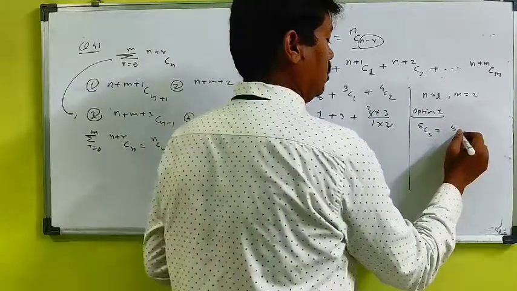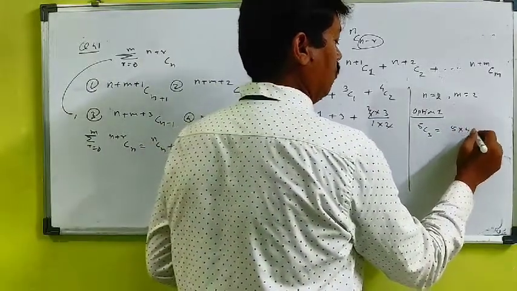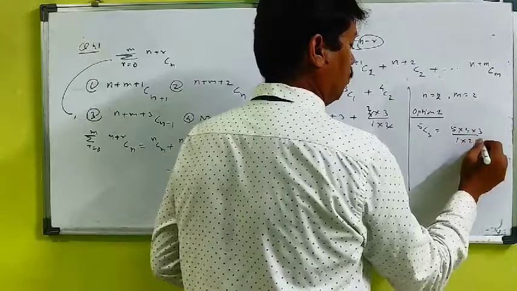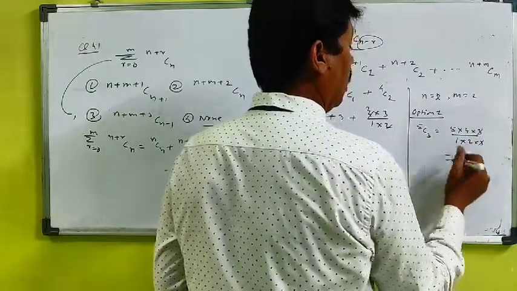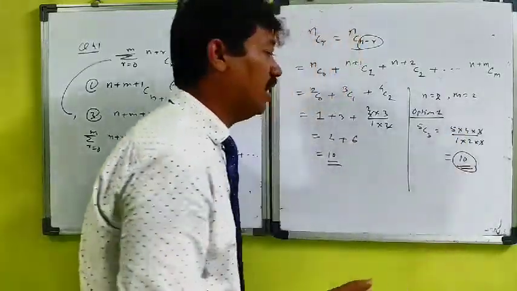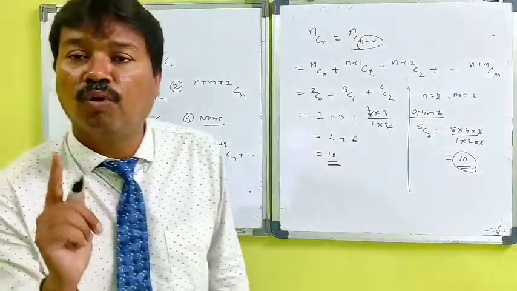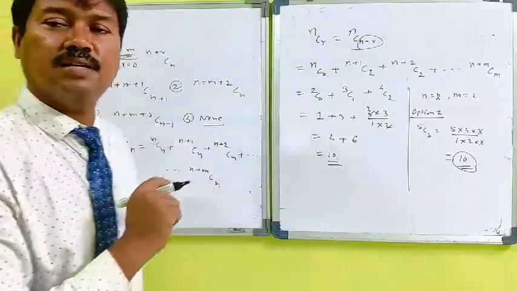What is 5C3? 5 into 4 into 3 over 1 into 2 into 3. This 3 cancels, so it is 10. Option 1 also gives the answer, so option 1 is the correct answer.